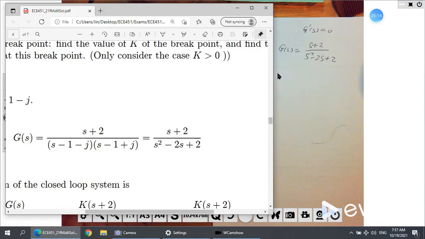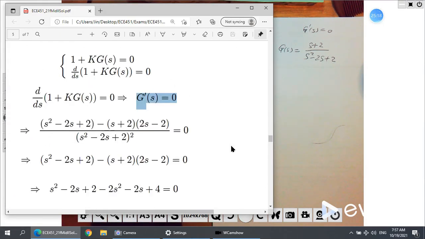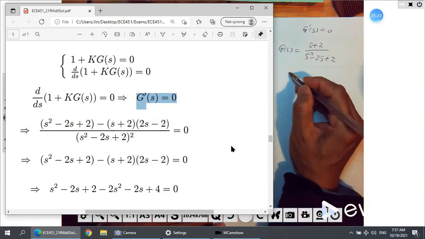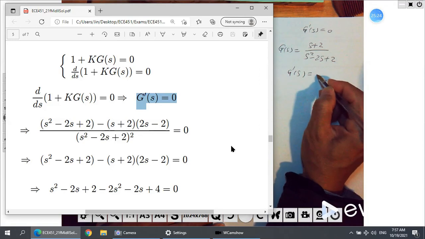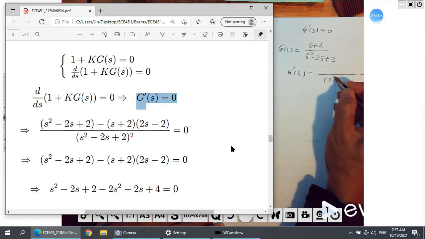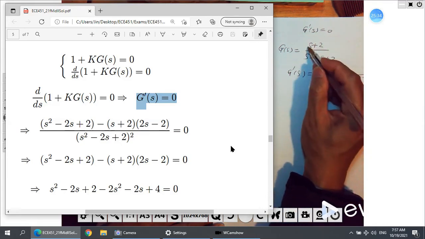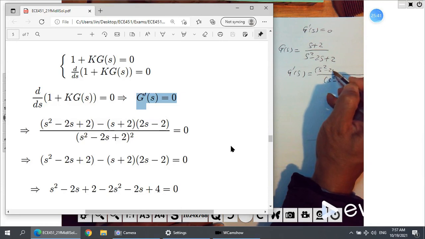So the derivative, g prime of s, is a fraction, so the derivative will be the denominator squared, then the numerator's derivative on s, which is 1.